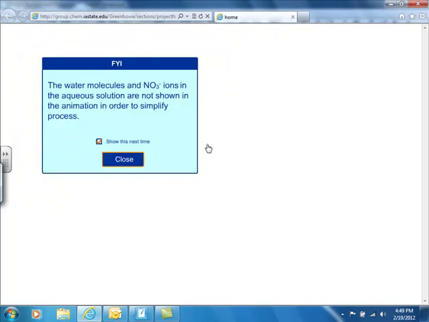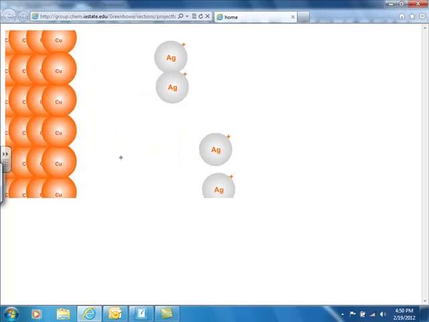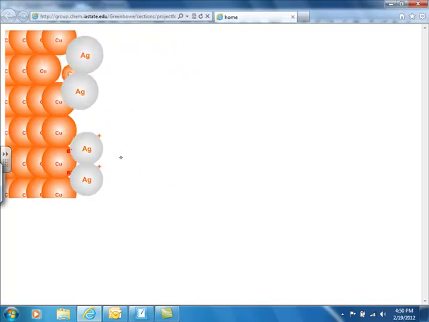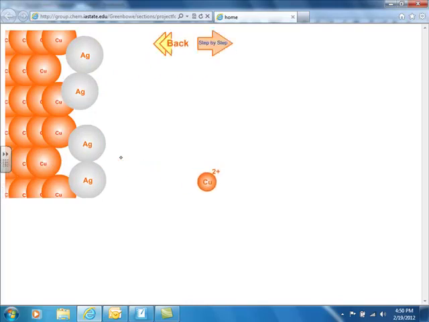As I put this in here, just as an FYI, the water molecules and the nitrate ions in the aqueous solution are not shown in order to simplify this process. Here's what happens. These silver ions that are free go in and attach themselves to the copper metal, and the copper metal actually goes into the solution.